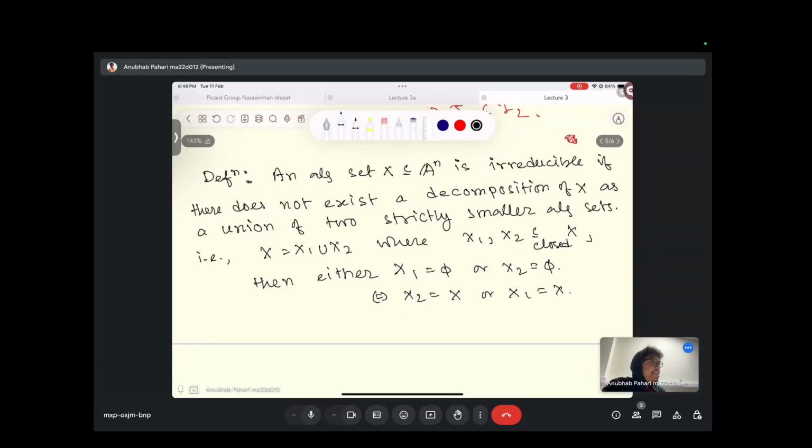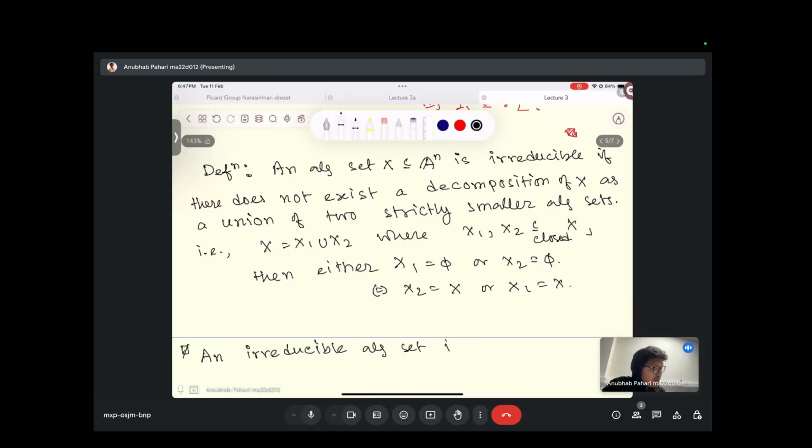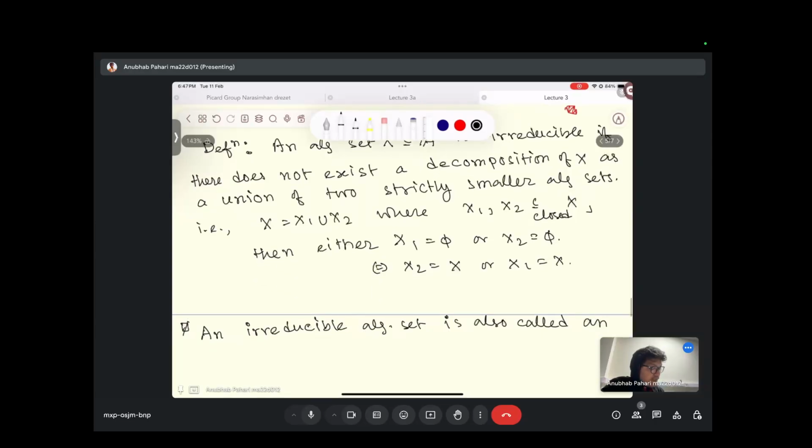Now an irreducible algebraic set is also called an affine algebraic variety.